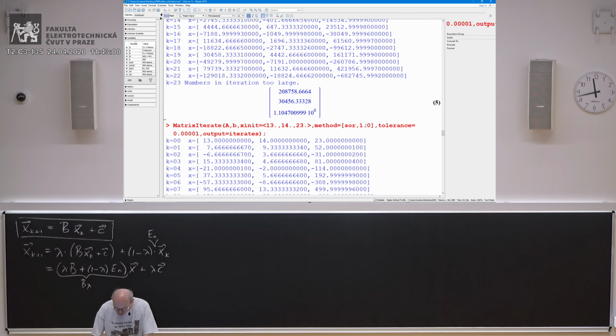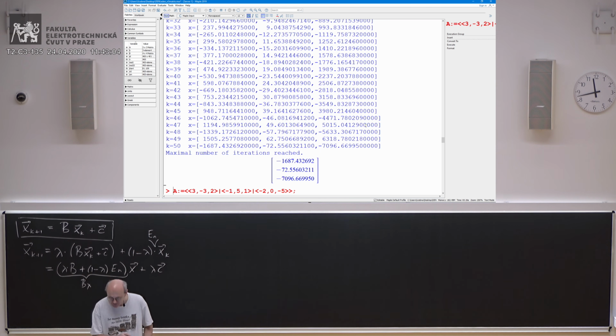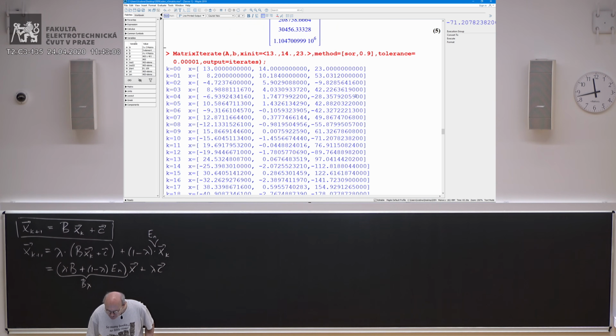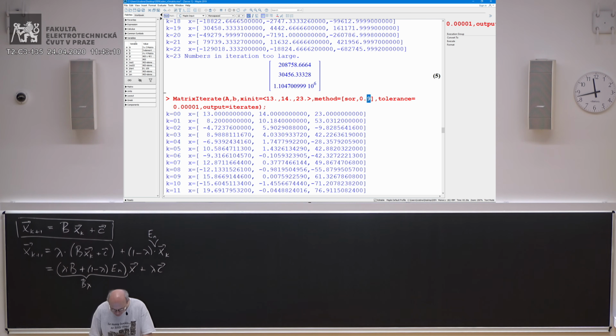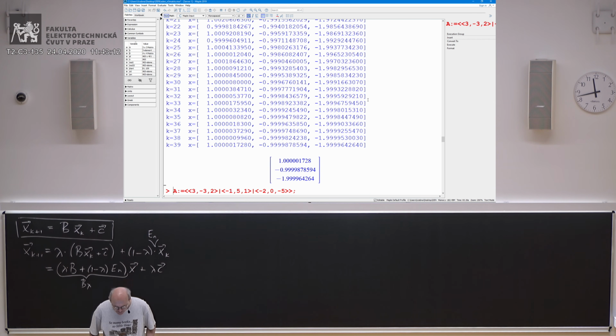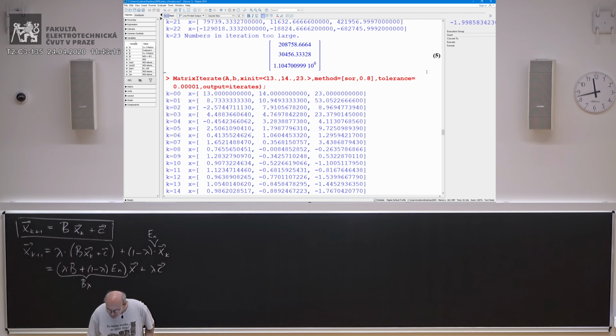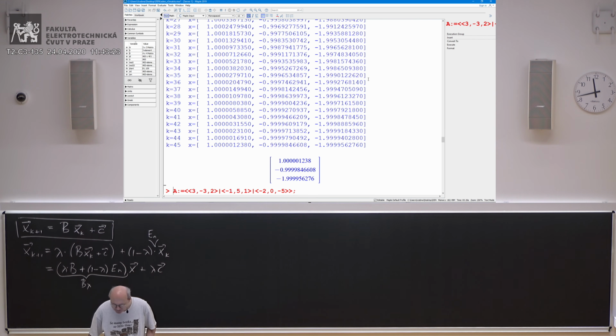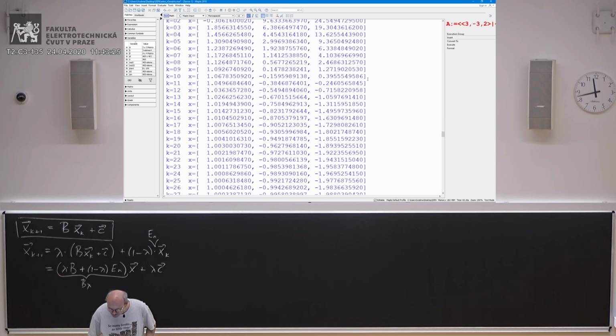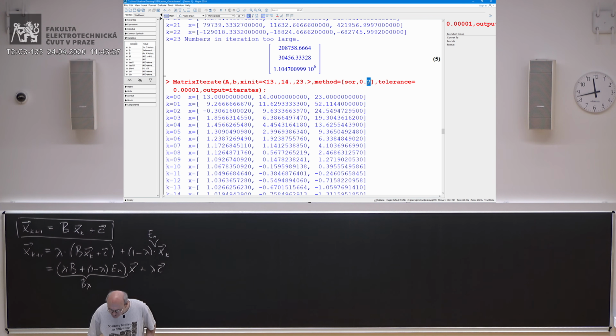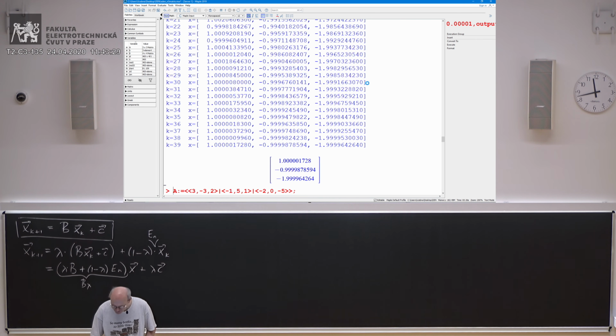Let's move the relaxation factor lambda closer to 0 a bit. How about 0.9? Still not good. How about 0.8? Yeah, we got convergence, 39 iterations. That's not bad, perhaps, but it's better than divergence. How about 0.7? 45. It's beginning to get worse again. So 0.8 seems to be a better choice, which was 39.